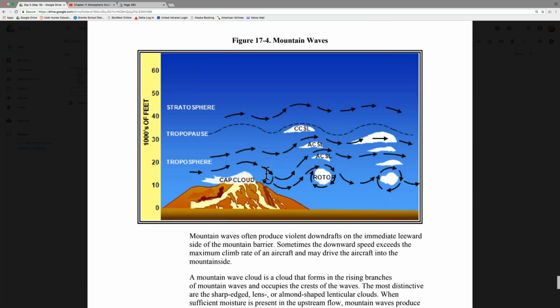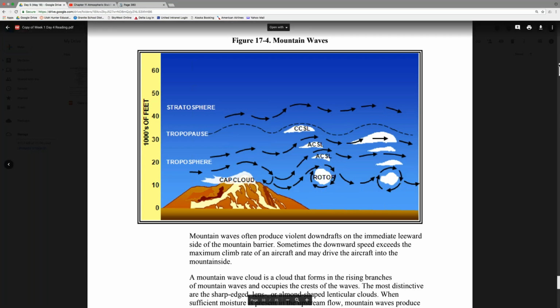So as I was telling you guys before, we get these cap clouds. And then on the backside, we get these altocumulus standing lenticulars, or the cirrocumulus standing lenticulars. Okay. The really dangerous cloud that pilots don't like at all and avoid like the plague are these rotor clouds. Think of it like a truck bed, right?